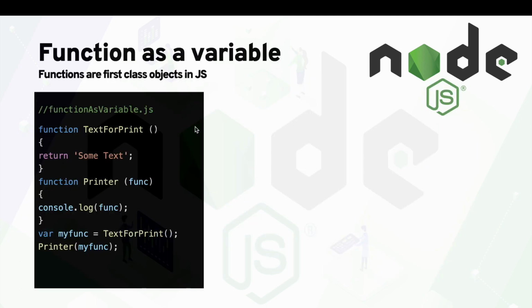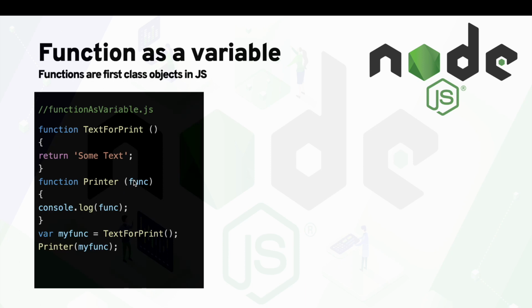This we have seen multiple times, but it is still a very important concept to write in isolation. So what it means is that functions are treated as objects in JavaScript. So we can pass them, we can use them as objects. So here, if we see this code, it is printing something, and what we are seeing here is that we have this function text for print, which is contained in this variable, and then in the printer I'm passing this inside this.